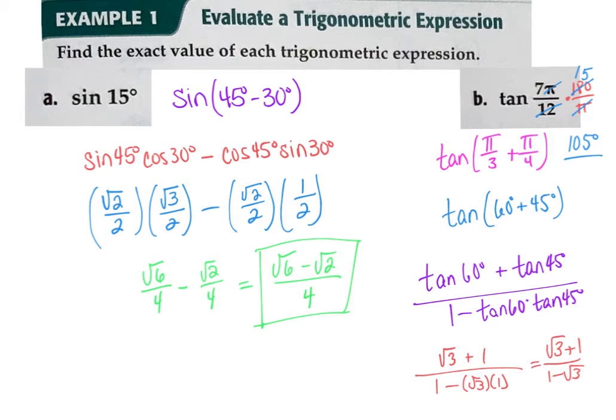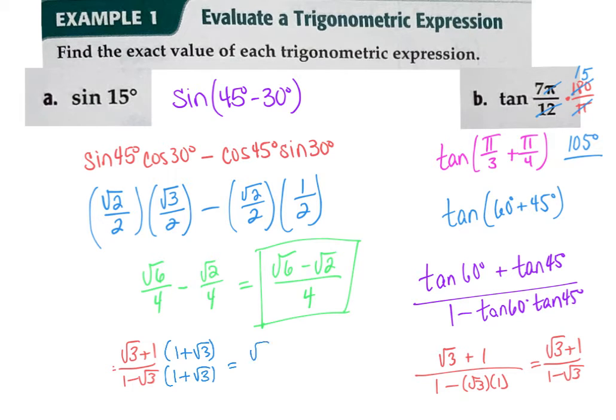And they rationalize this, by the way, because there's a root in the denominator. So they took this guy and they rationalized it. So we do, remember how we rationalize, 1 plus the square root of 3 on top and bottom. Foil the top.